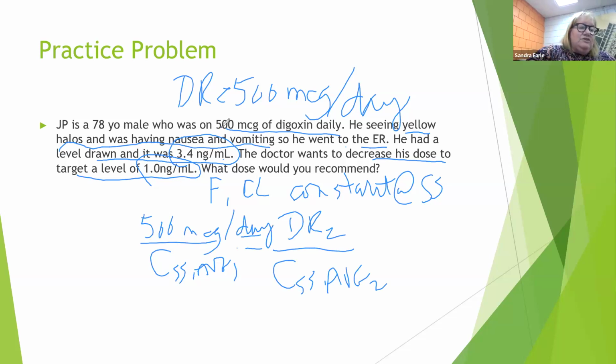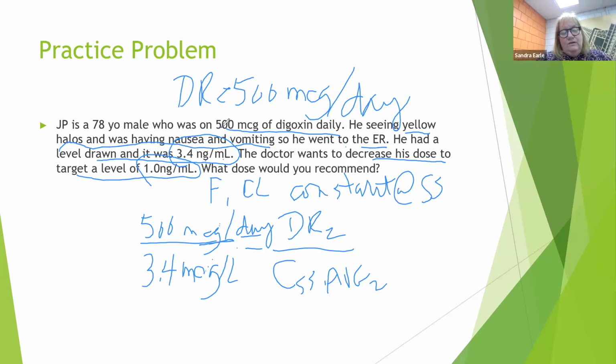And the CSS average we got, when we gave 500 micrograms per day, was a concentration of 3.4 nanograms per milliliter, which is the same thing as micrograms per liter. I like it better if they're in the same units, though you don't have to.